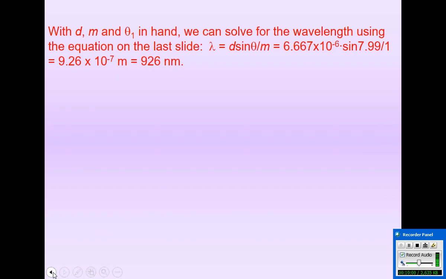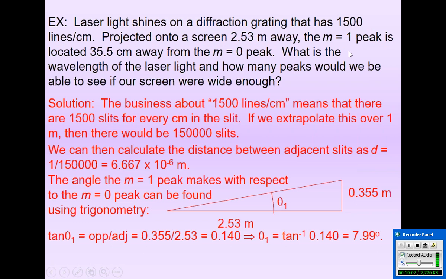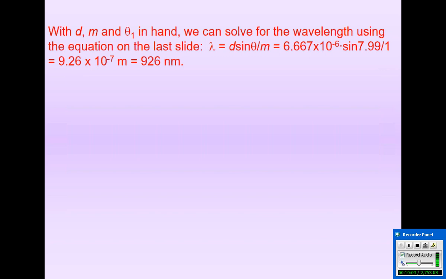But the second question, let's just recall that. How many peaks would we be able to see if our screen were wide enough? As m gets larger, theta gets larger. But theta cannot get any larger than 90 degrees. So we want to find the value of m that gives us the largest possible value for theta that is no more than 90 degrees.